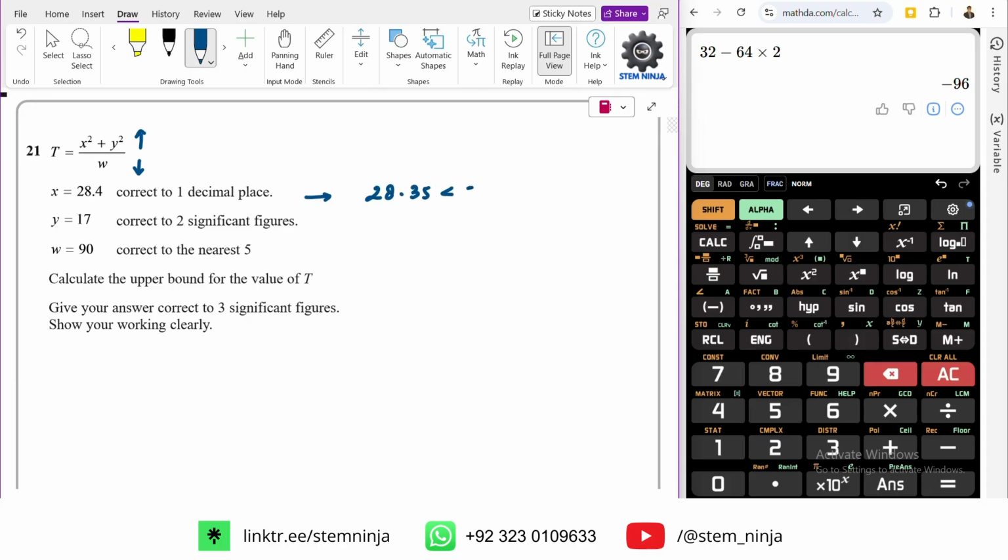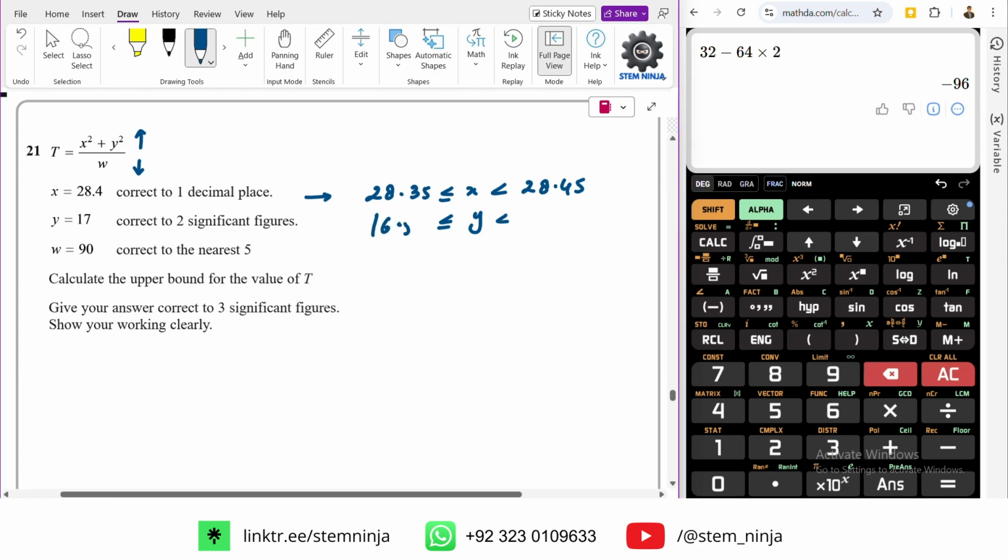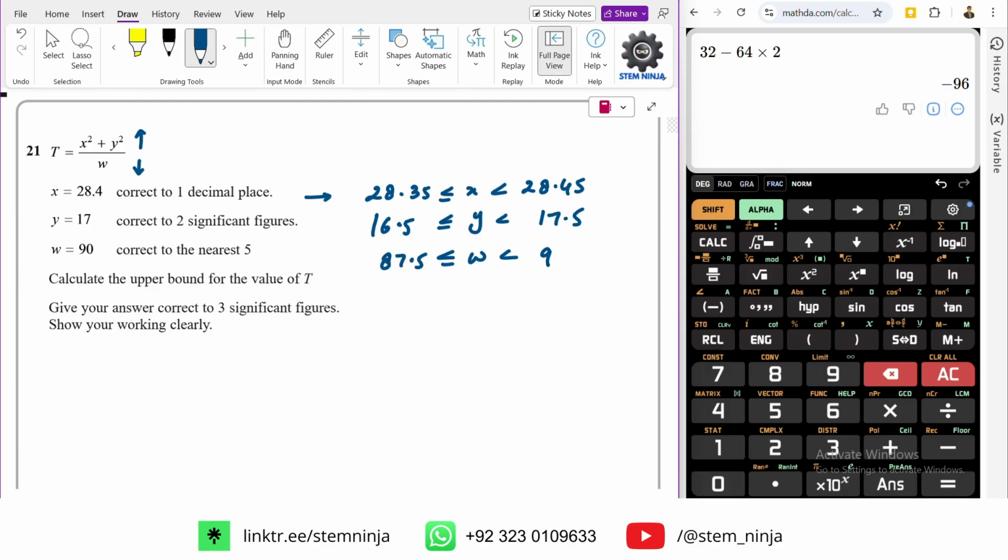So if it's correct to 1 decimal place, so x is between 28.35 to 28.45. Similarly, if it's correct to 2 significant figures, so this is between 16.5 to 17.5. Similarly, w is in between, correct to the nearest 5, that means 90 minus 2.5, 87.5, and 92.5.